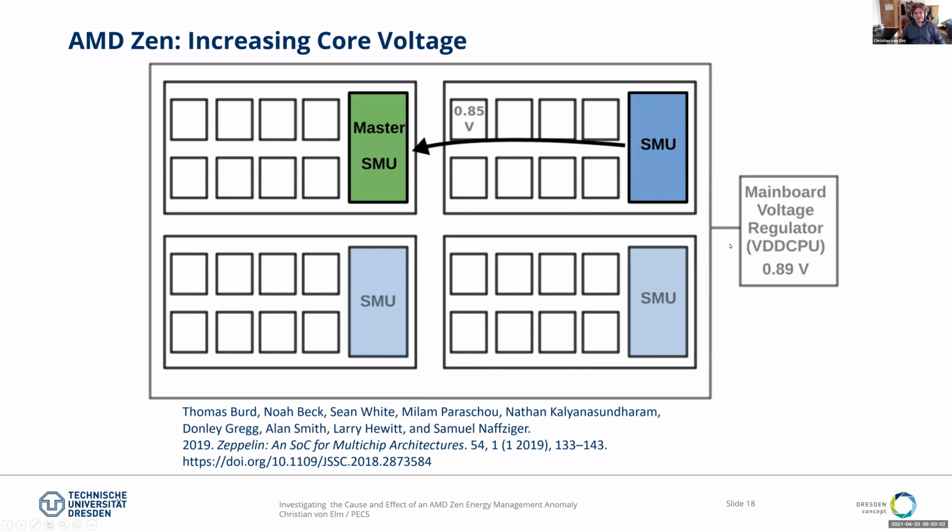What happens now is that the SMU of that NUMA node passes a request to increase VDD CPU to the master SMU, which then forwards that request to the mainboard voltage regulators, which then increase the VDD CPU to, in this case, 1.11 volts. This is relayed back to the master SMU, which informs the node SMU, and that node SMU then increases the voltage of the core.